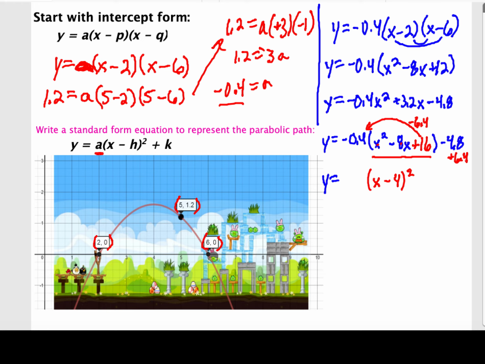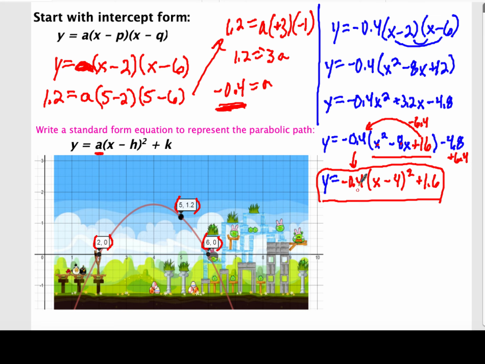would be a +1.6. And I'm going to carry down that -0.4 from above here. And now you'll notice we've got that nice vertex form equation. We know our a value, which as we mentioned is the same a value we had over here with the intercept form, right?